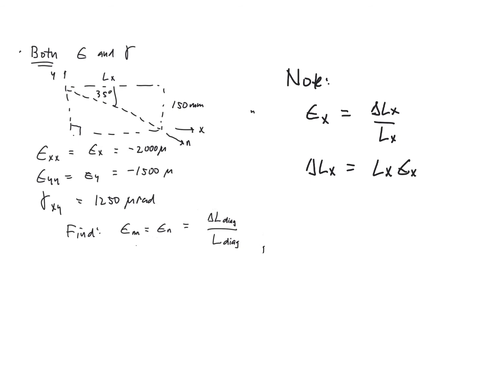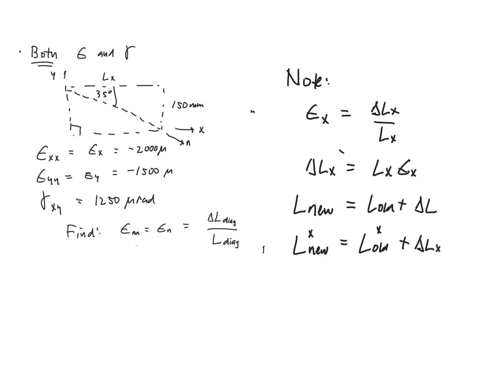So what that means is that the new length in the x direction is equal to the old length plus the delta L. So in the x direction, we would have the length of the new in the x direction, I'm just giving that an ad hoc superscript, is the old in the x direction plus the delta L in the x direction.